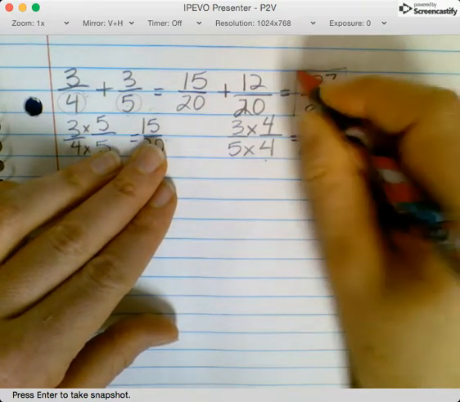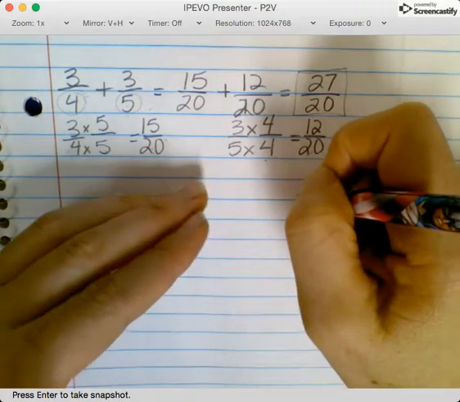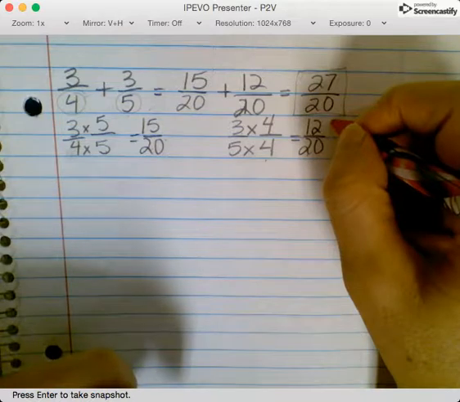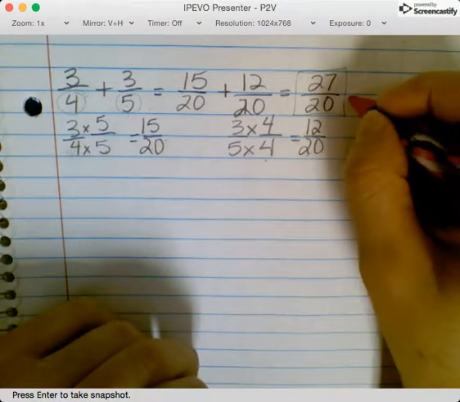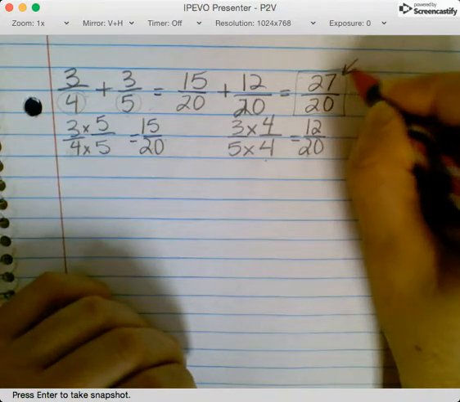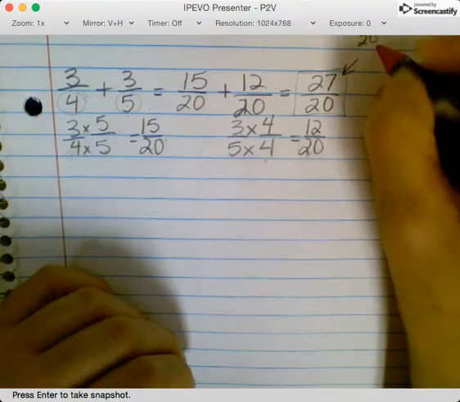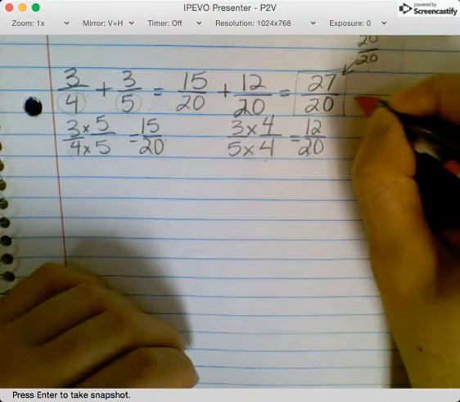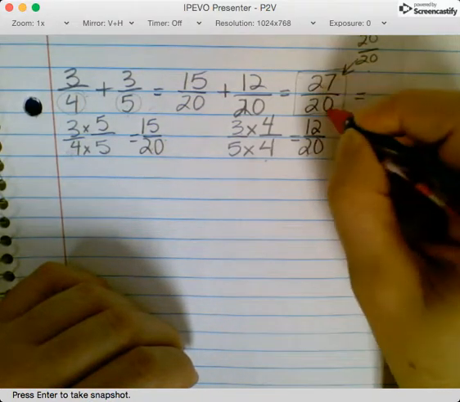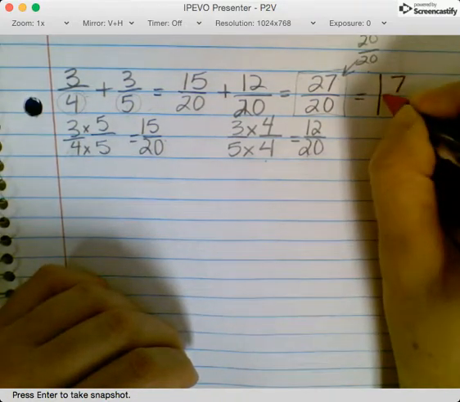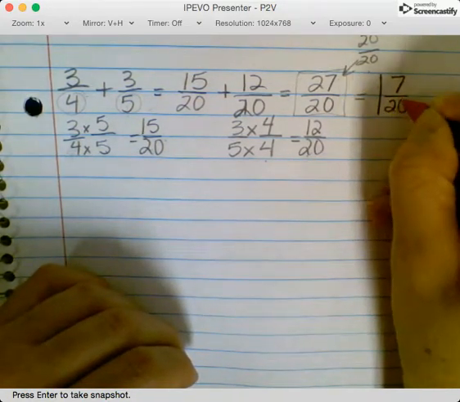27/20 is my answer, but I know I could make it into a mixed number because I know 27 is bigger than 20. There's a couple of ways that I can do that. I'm not going to get into the ways, but I know that 20 over 20 is 1 whole. So I know 27 is 1 whole with 7 left over, and then the 20 is going to stay the same.